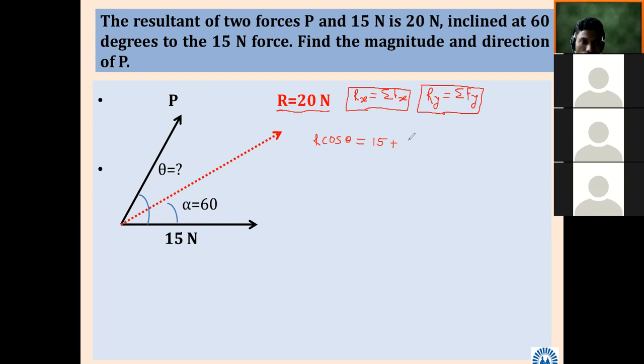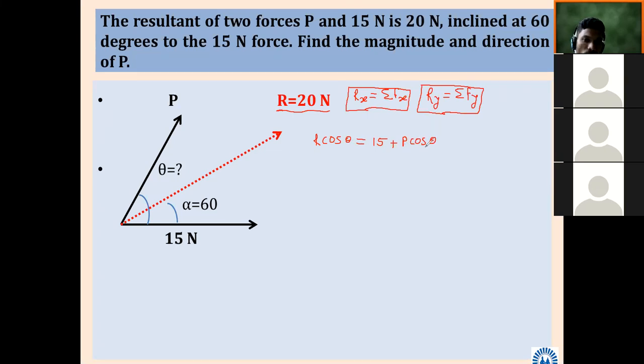What will be its X component? P cos theta. This equation will come.